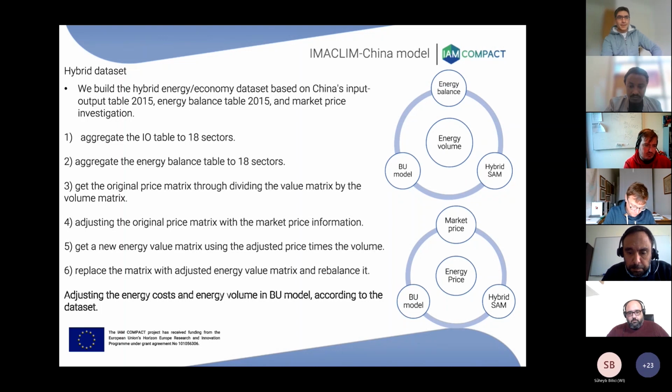Finally, we rebalance the adjusted energy value matrix to get the final hybrid dataset for the model construction.